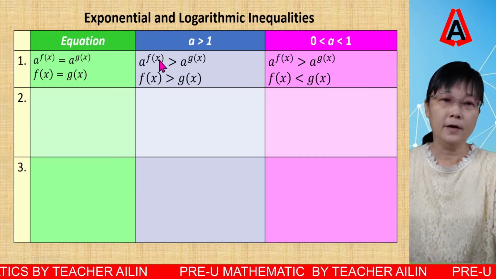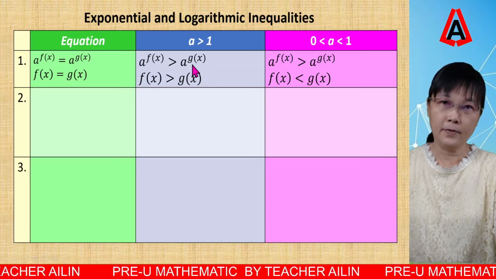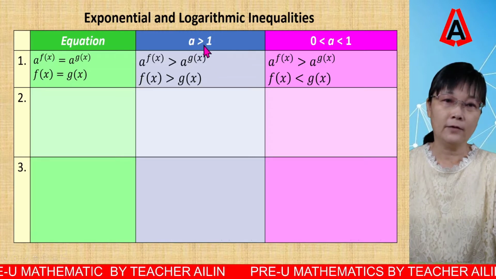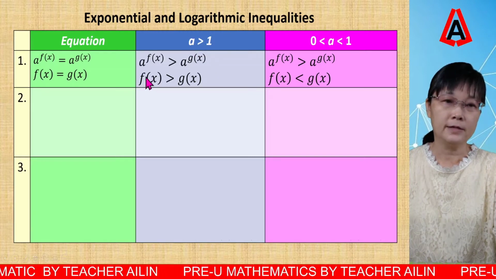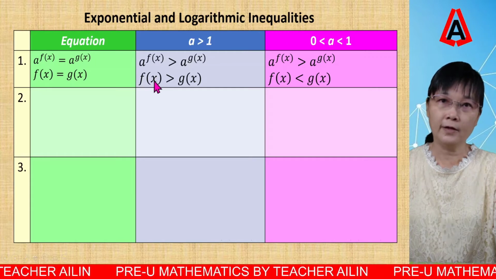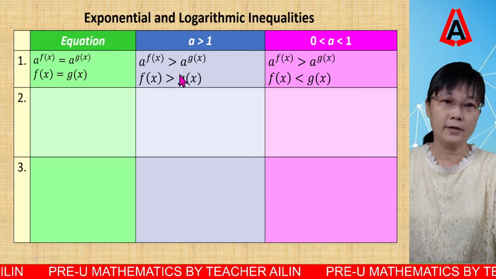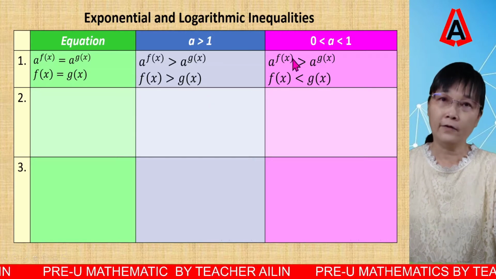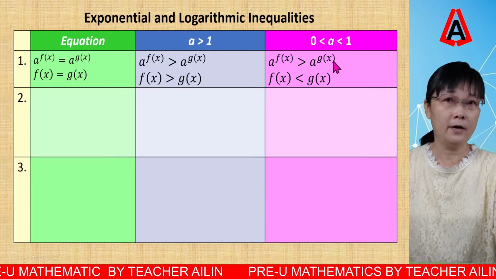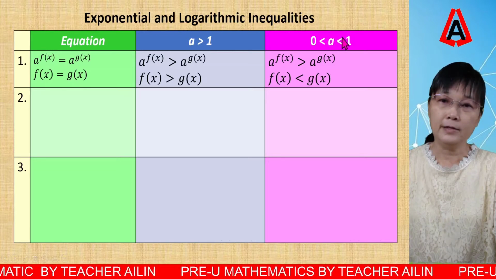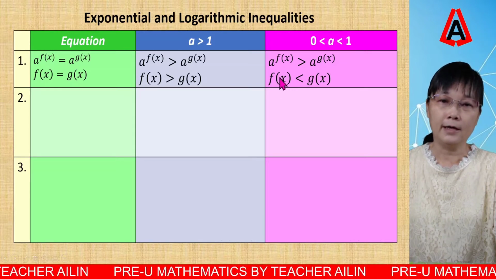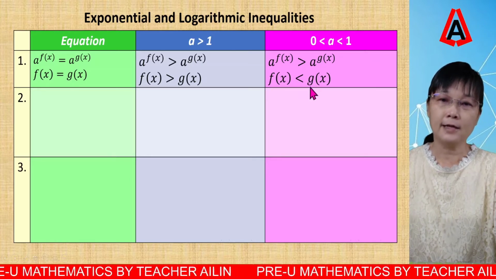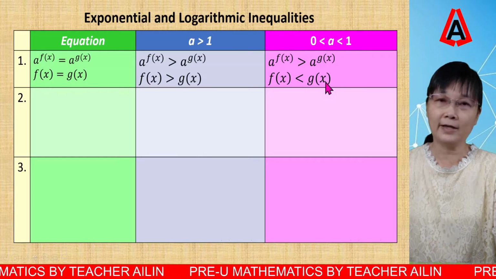If a power f of x is greater than a power g of x, and the base is greater than 1, then the exponent f of x is also greater than the exponent g of x. For a power f of x greater than a power g of x, if the base is less than 1, then the exponent f of x is less than the exponent g of x.